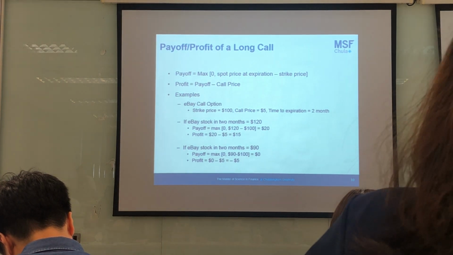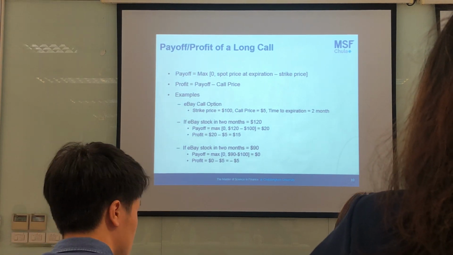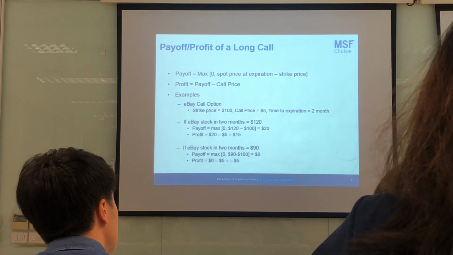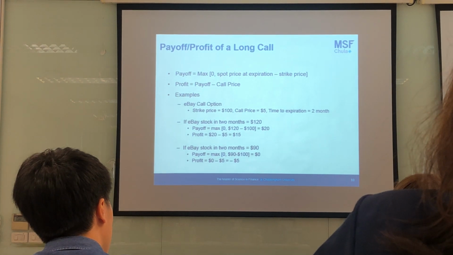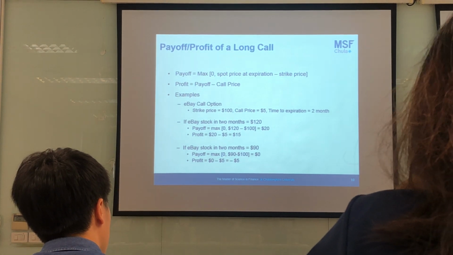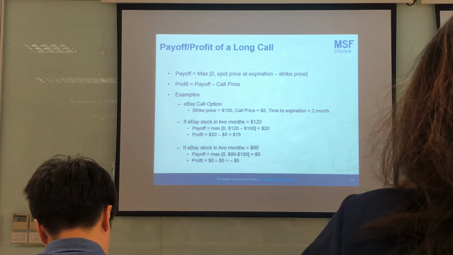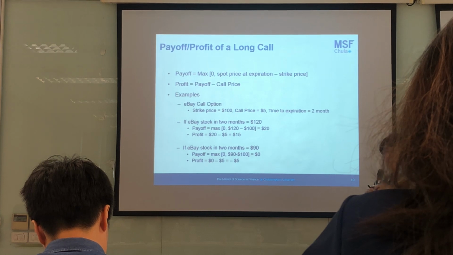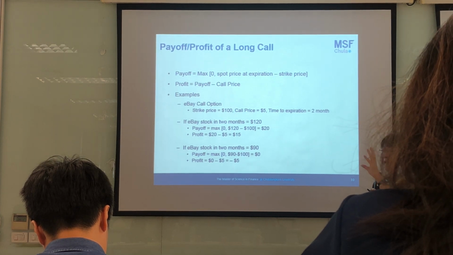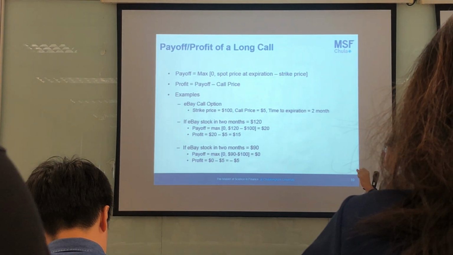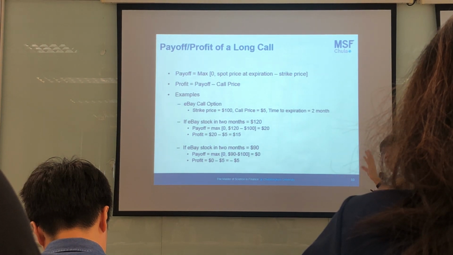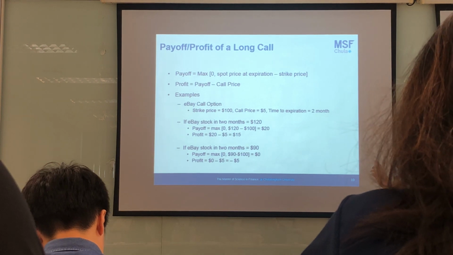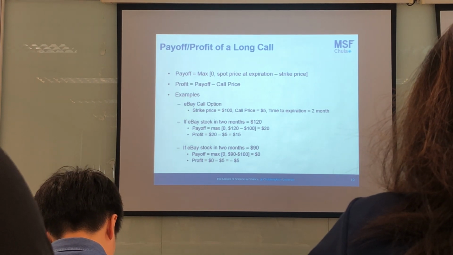Suppose that for the eBay call option, the payoff, let me begin with the first bullet. Payoff means the value of the call option at the expiration date. To make it easy to understand the relationship between the call price and the underlying asset price, let's consider the value of the call option at expiration.